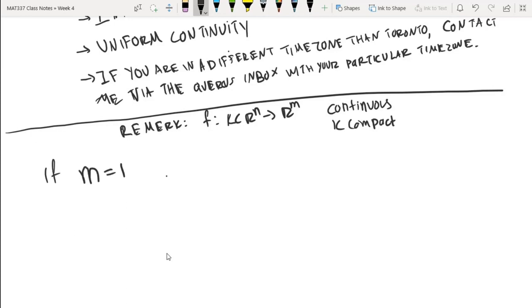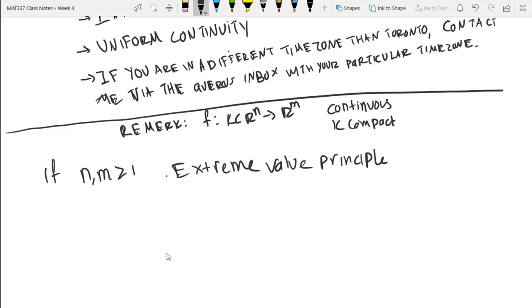For general m and n, we have the extreme value principle, i.e. f of K is compact.